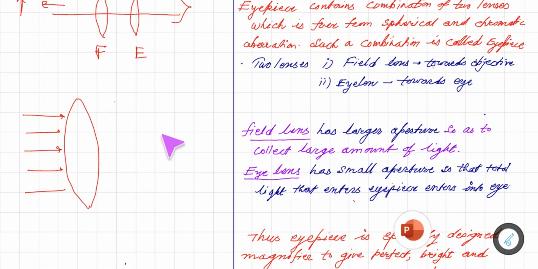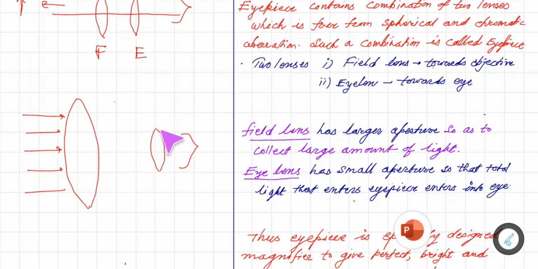The aperture of the eye lens is kept small because the observer's eye is here, and due to the limitations of the lens of the eye, if it is observed through a large lens, then outer rays cannot enter the eye, and obviously a bright image cannot be observed.